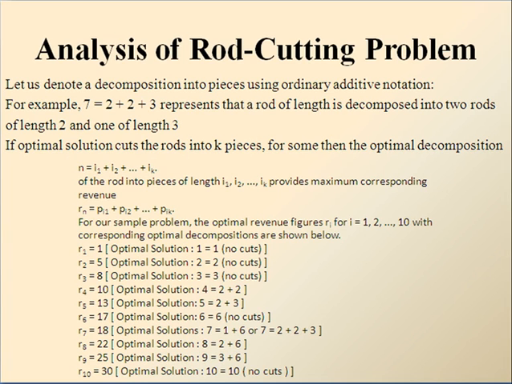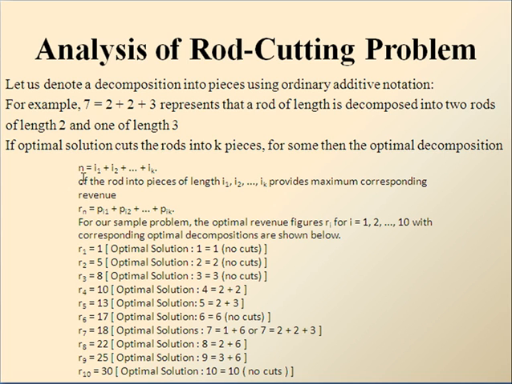Let us denote a decomposition into pieces using ordinary additive notation. For example, a rod of length 7 can be cut into 2 rods of length 2 and one of length 3. If an optimum solution cuts the rod into k pieces for some k, then the optimal decomposition n equals i1 plus i2 till ik, cutting the rod into pieces of length i1, i2 till ik, which provides the maximum corresponding revenue.